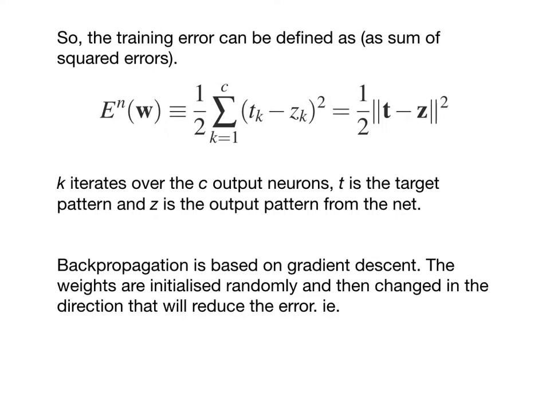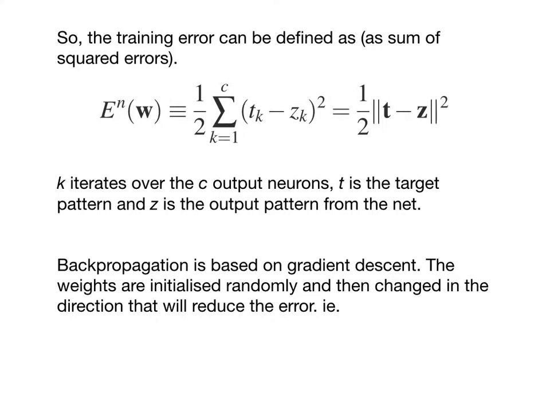So t is the target vector we're trying to produce, z is the output vector of the neural network, and we take the squared norm of that, and use a half of that. That's just to make the maths work a little bit better later.